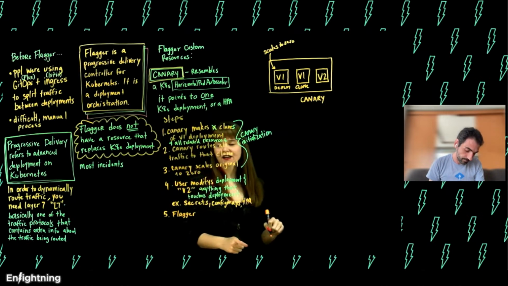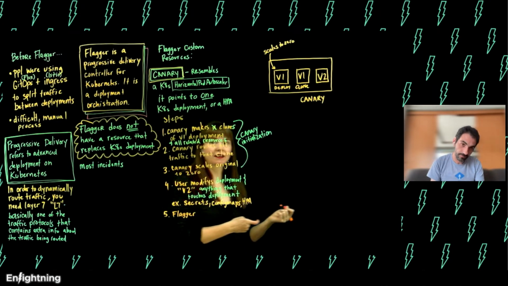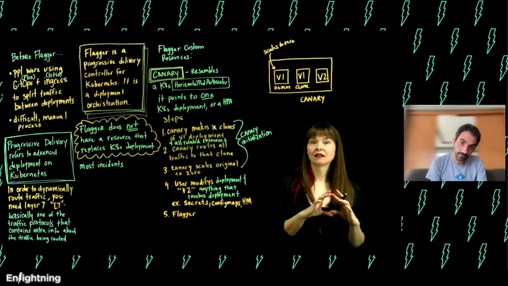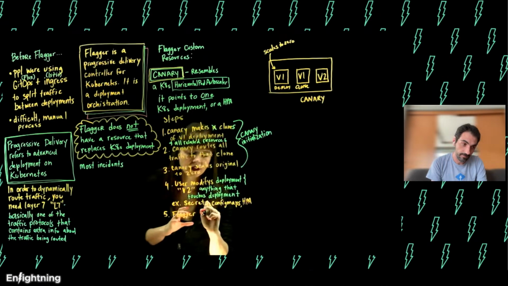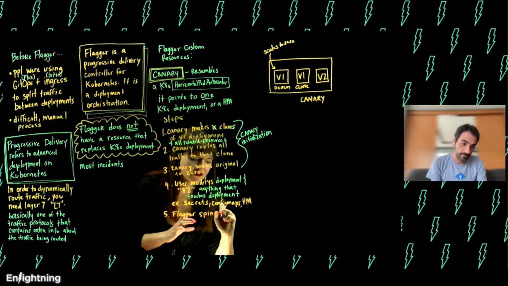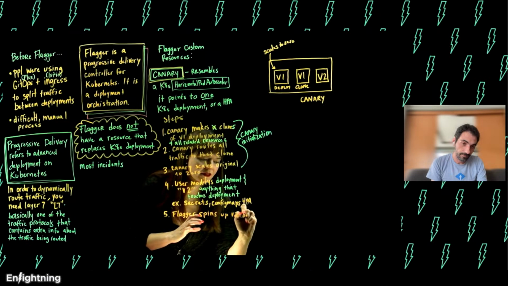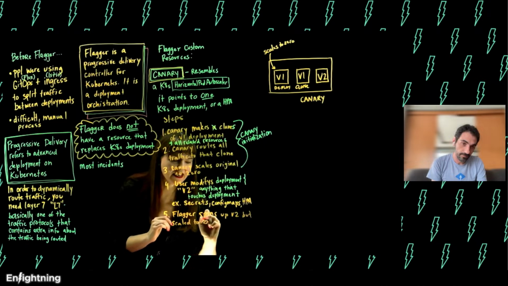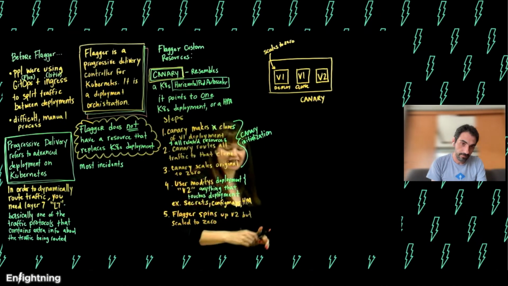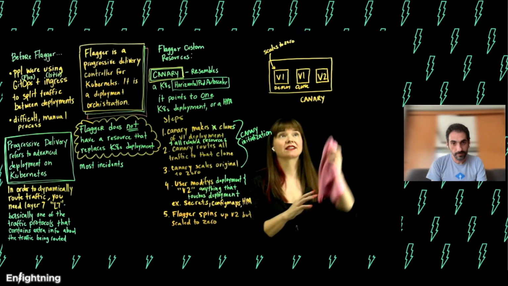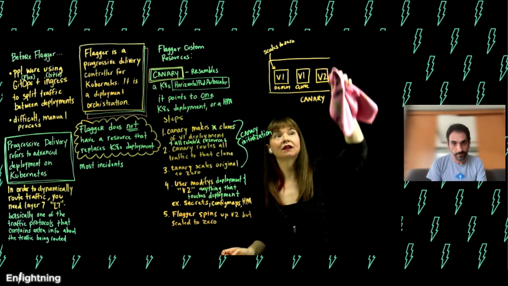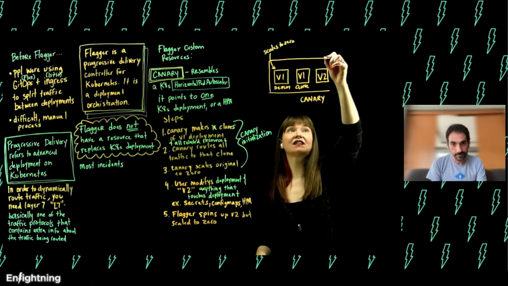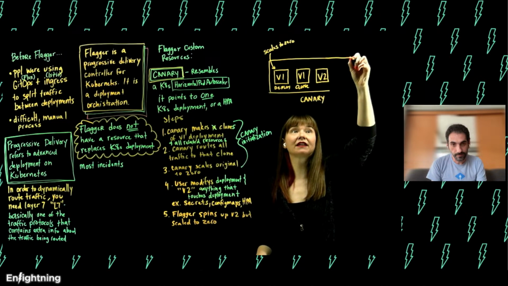So Flagger spins up a V2 deployment, but it's scaled to 0 initially, right? And that's when tests are run on V2 while the minimum number of pods is made, and tests are performed on that to make sure it's healthy.